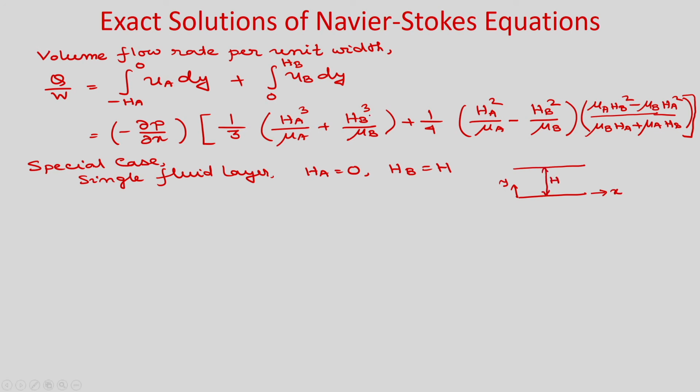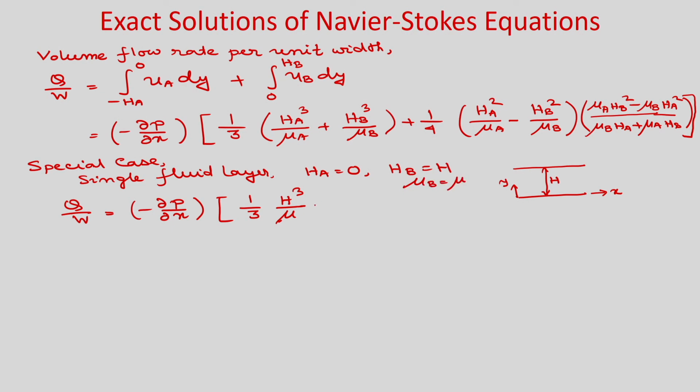Okay. So, if you put H A is equal to 0 here and H B is equal to H, Q by W will be minus del P by del X times 1 by 3 H cube by mu. So, mu B is equal to mu.